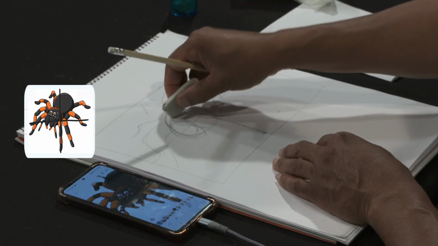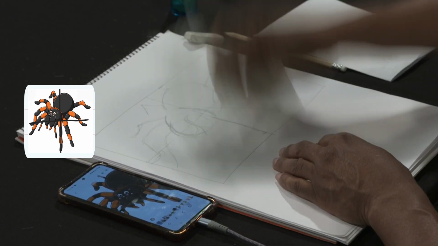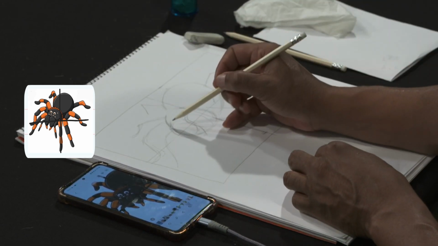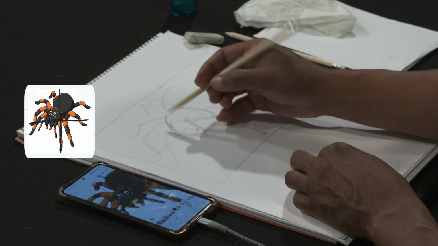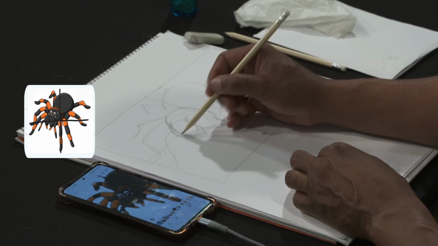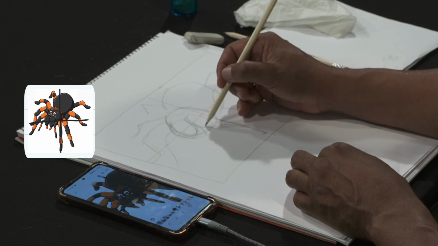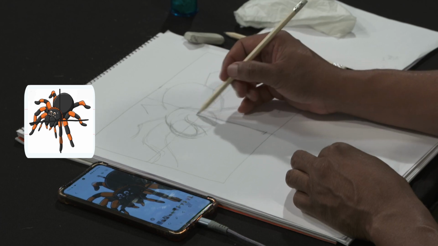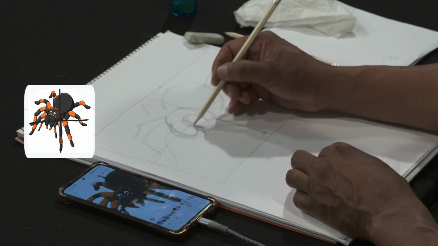So let's just get rid of these lines here. Maybe too pointed, actually. Oops, always use a tissue to get rid of the flakes. Khaleel, I'm talking to myself, not you guys. Okay, something like that. This mandible is quite fat and goes outside and doesn't go too far below that line there. Like this. And the same for this one here. Okay, about here somewhere. It's a bit fatter than what I've got.